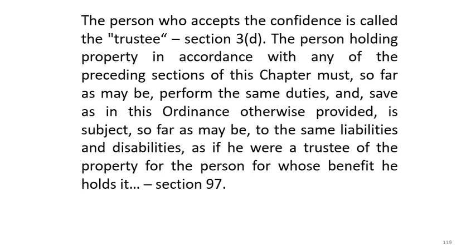Now what we have seen here in terms of section 97 of the Trust Ordinance, except in the two cases, remuneration and buying a property, all other cases, the rights and liabilities and disabilities of the express trustee are more or less same as constructive trustee.